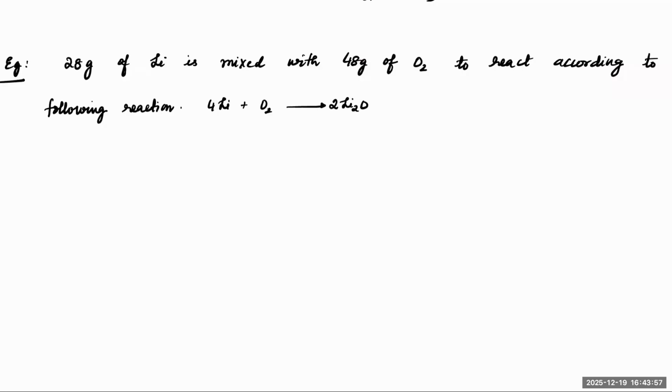For limiting reagent cases, you need to have a balanced equation of the reactants. Without knowing the correct information of the reactants and products, we will not be able to guess. So here you take the number of moles: 28 divided by 7, 7 being the atomic mass of lithium, and here 48 divided by 32.